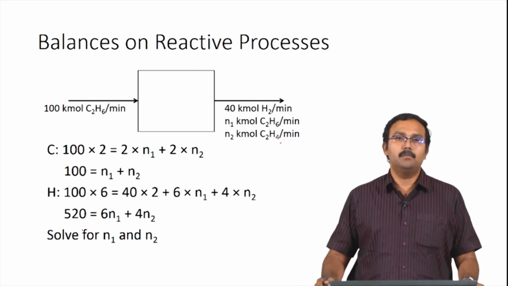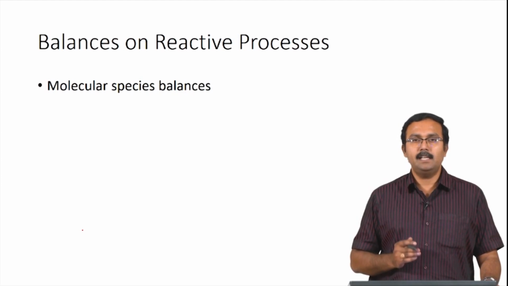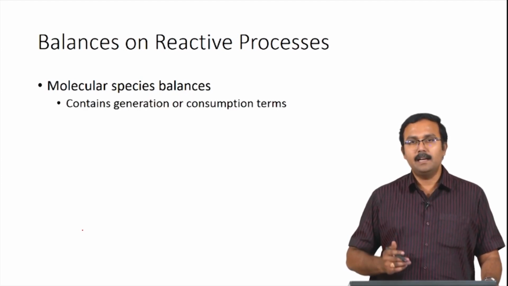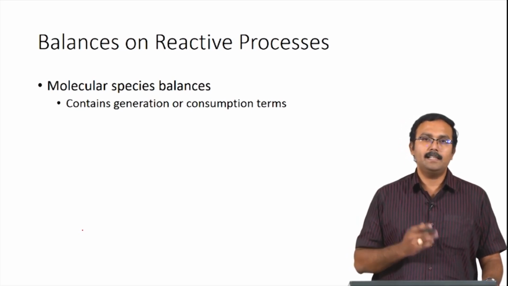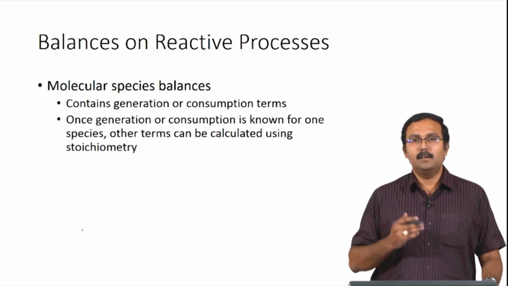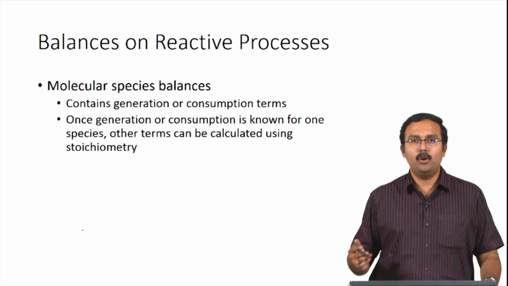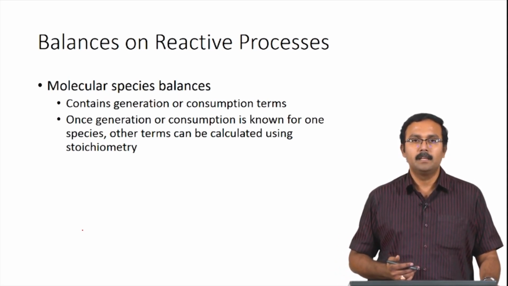So, these are 2 approaches through which we can solve material balances for reactive processes. So, the first technique which we used is called the molecular species balance. This will contain a generation or a consumption term depending on whether you are writing the balance for a reactant or a product. Once a generation or consumption term is known for one of the species, other generation and consumption terms can be calculated using stoichiometry.